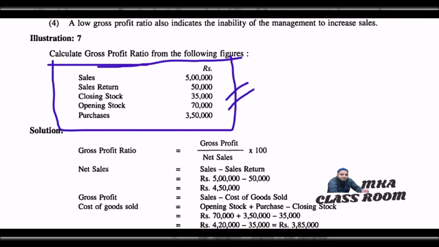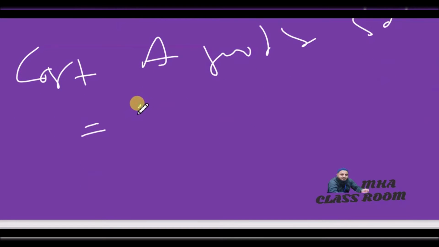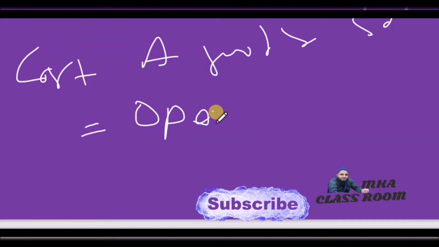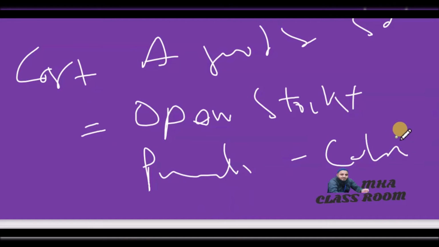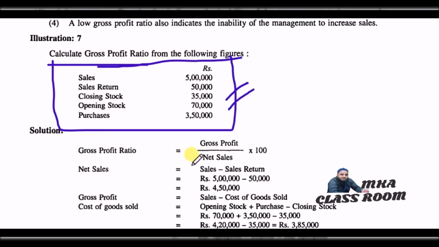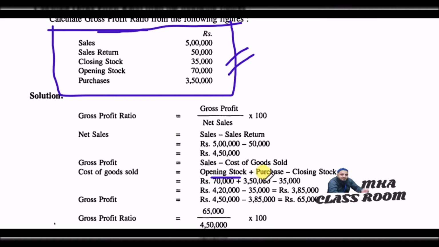It can be found by opening stock plus purchase minus closing stock. That is the formula for cost of goods sold: opening stock plus purchase minus closing stock.